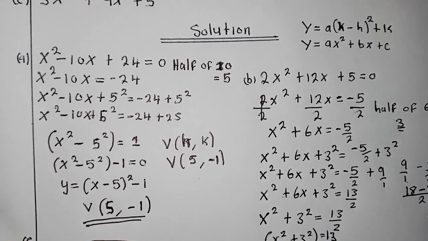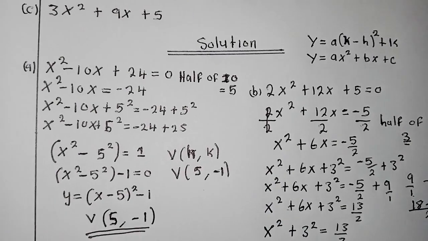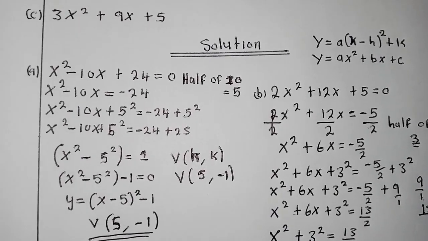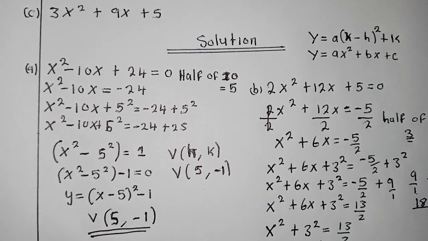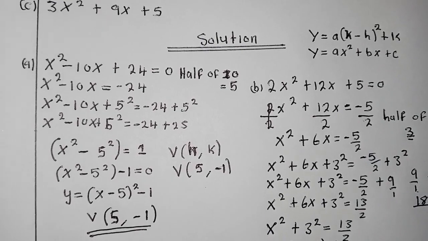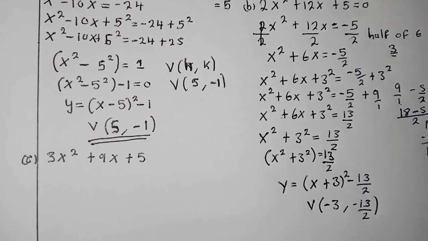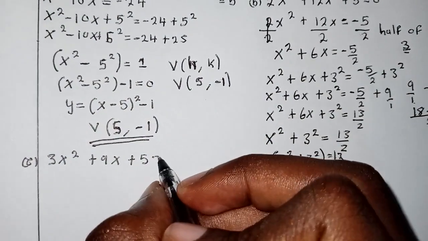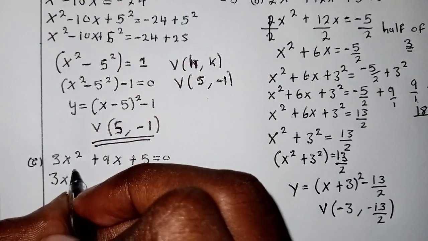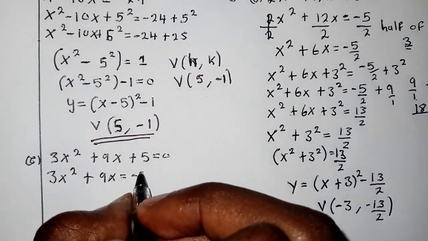So C, simply saying this is 3x to the power 2 plus 9x plus 5. Okay, so we're here. This is equal to 0. The same concept applies. We'll take this guy to the other side, of course, it is going to be negative 5.